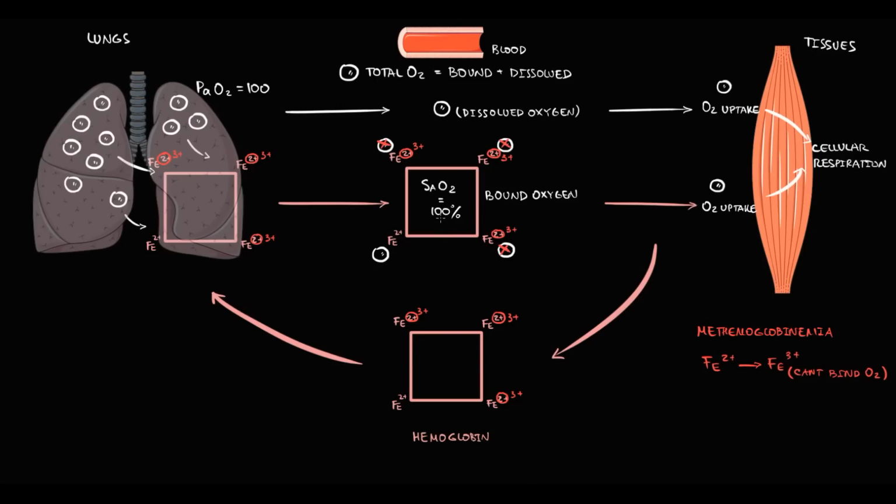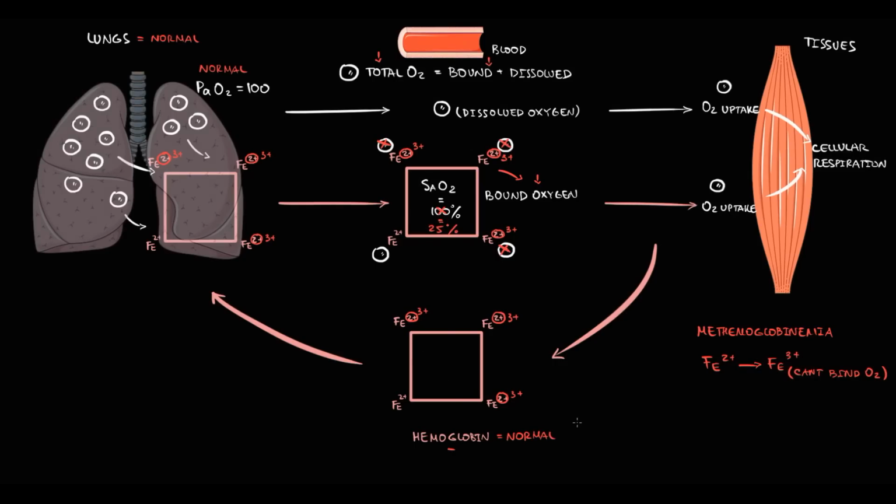In this case, oxygen saturation becomes 25%. With the decrease in oxygen saturation, the fraction of bound oxygen decreases, and as a result, the total oxygen decreases. The lungs are unaffected here, which means that oxygen delivery remains normal, so partial pressure of oxygen is normal, and hemoglobin concentration is also normal.